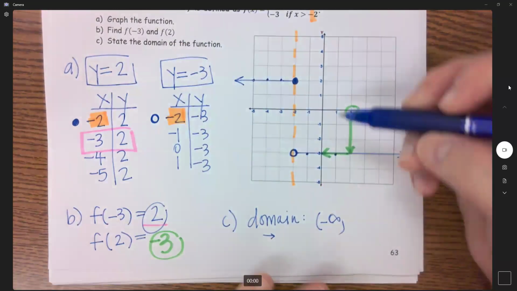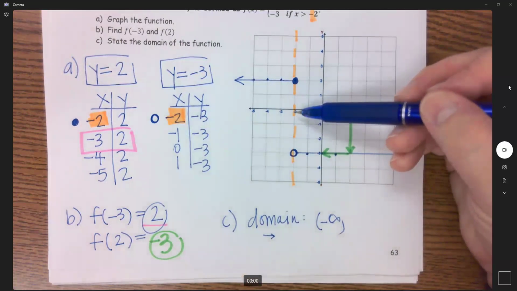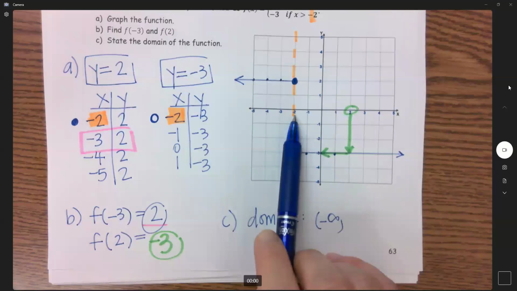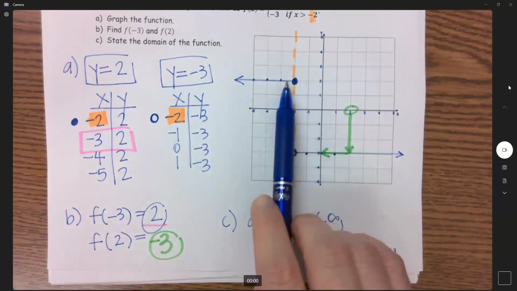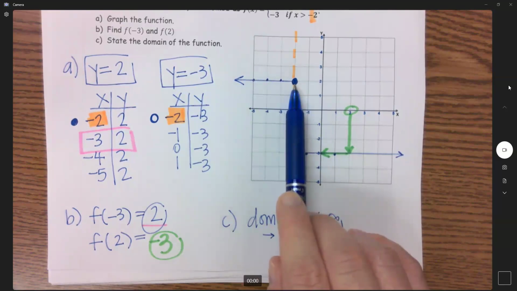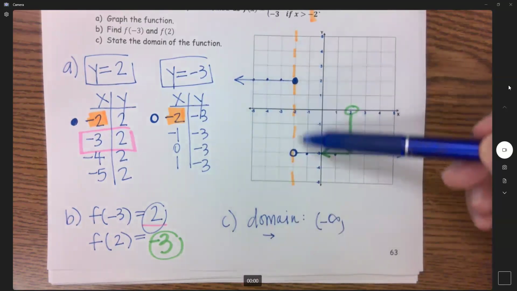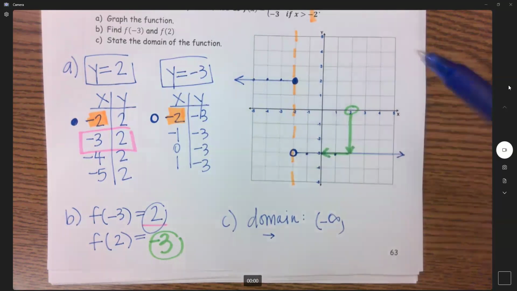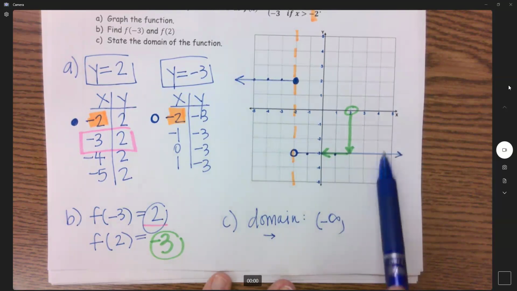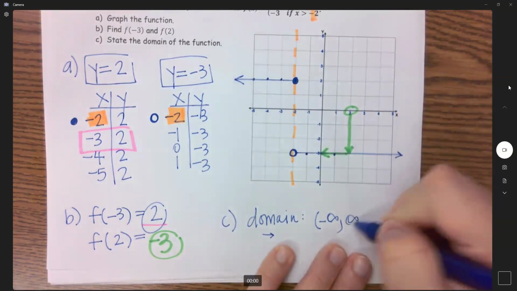And then what happens here at -2? Well, I actually don't have a break in values because when it is less than -2, we're talking about all of these numbers here, but it equals -2 on this part of the graph. And then once you go more than -2, now we have all of these values here, and it's going to keep going on to infinity.